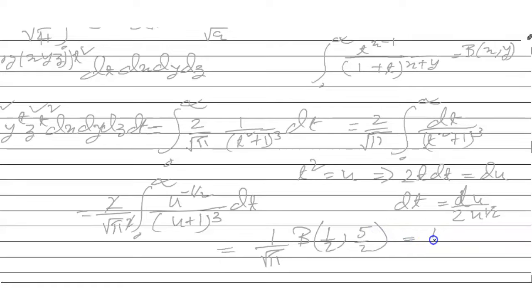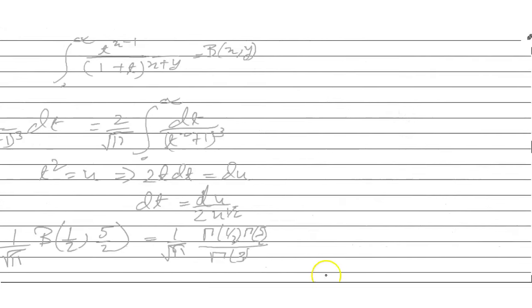So beta half, 1 by root over pi by beta half means gamma half into gamma 5 by 2 divided by gamma 3, three by 2 into 1 by 2 into root over pi.